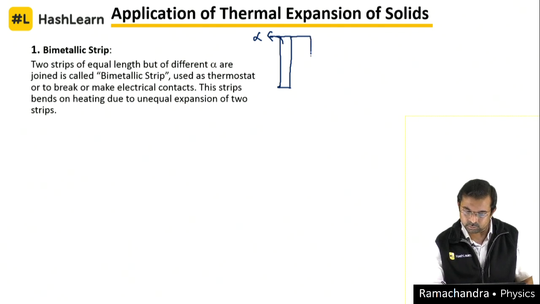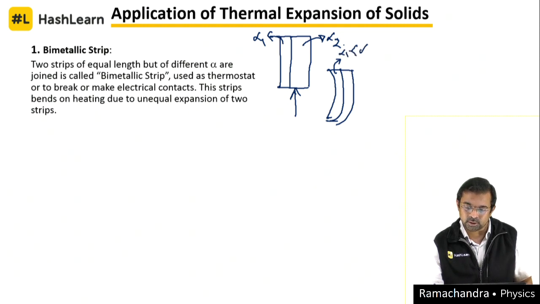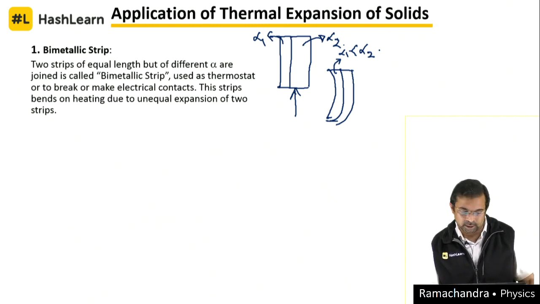So let's say this is alpha 1 and this is alpha 2. Whenever they are heated, they are going to bend to the side whichever is having lesser alpha, because the greater alpha will expand more. This may be having lesser alpha compared to the second one. So this is how we can make and break contacts in the case of electrical circuits.